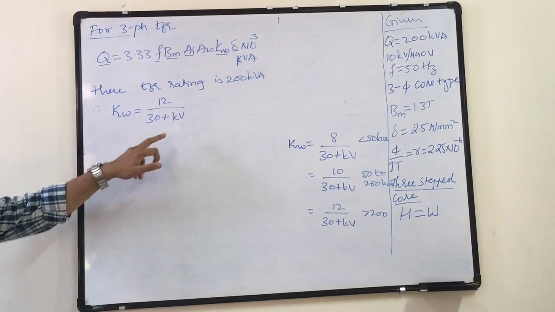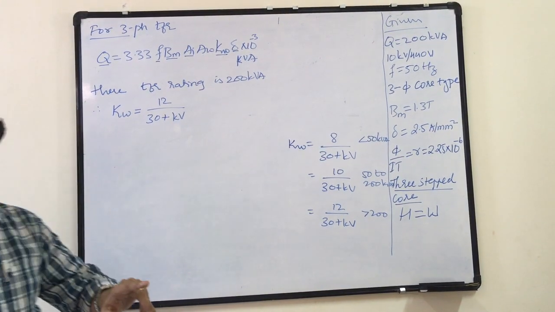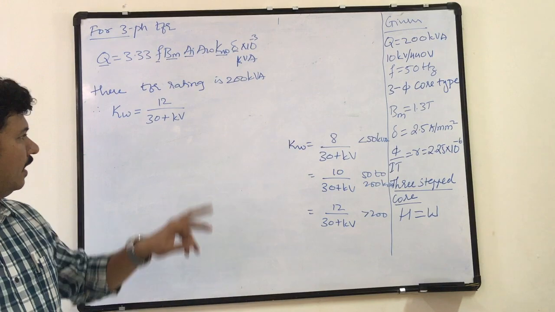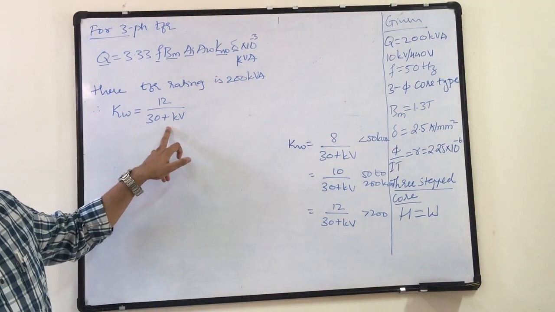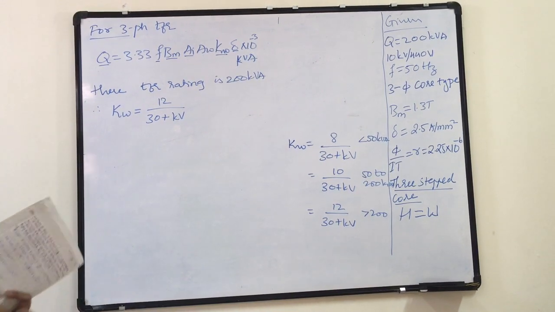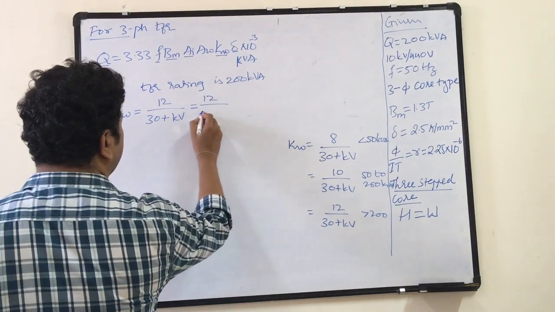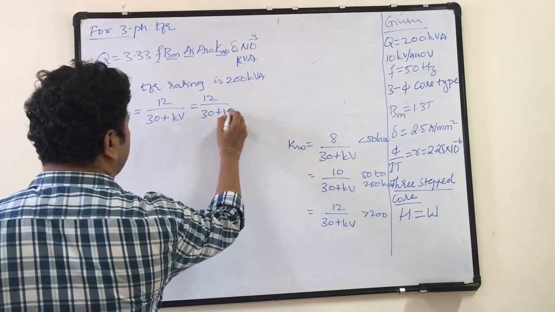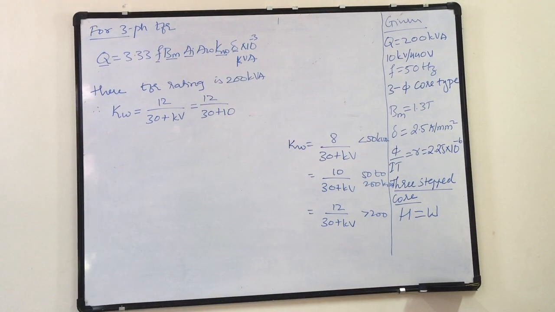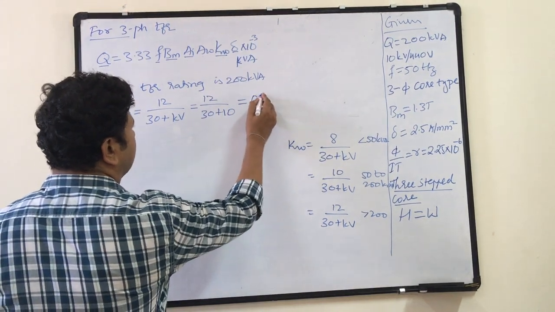So this kV is always the voltage in kilovolts of the HV winding, because HV winding carries more number of turns. So I can write 12 divided by 30 plus 10. It is in kilovolts and HV winding is of 10 kilovolts rating. So this will come out to be 0.3.